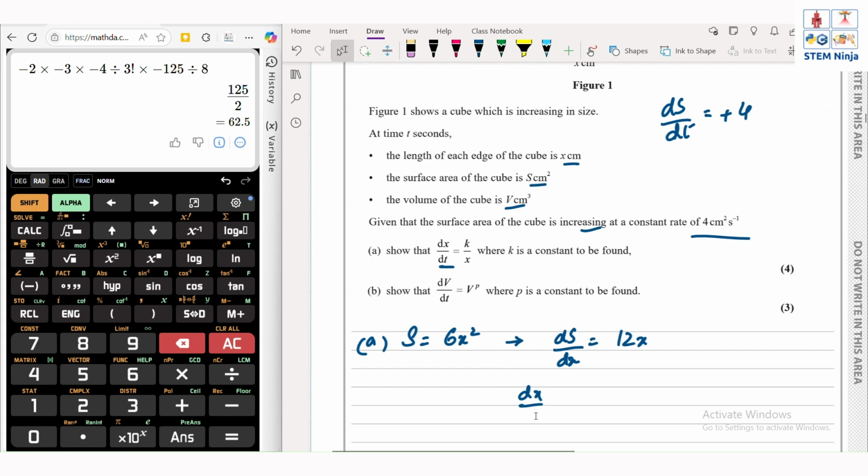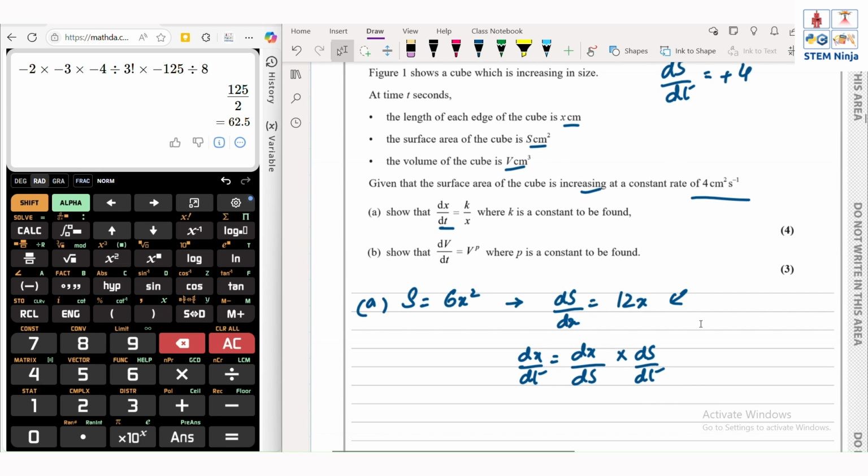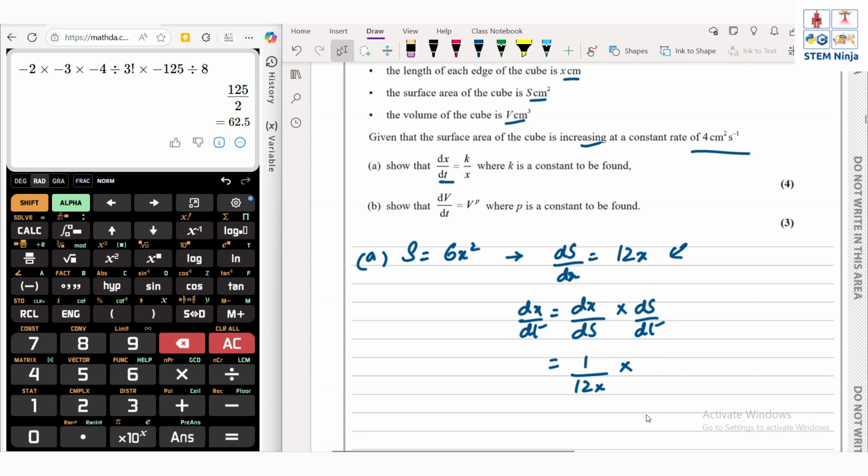For dx over dt, we need to employ the chain rule. dx over dS times dS over dt. So dx over dS is the reciprocal of this, 1 over 12x, times dS over dt, which is 4. So this becomes 1 over 3x.